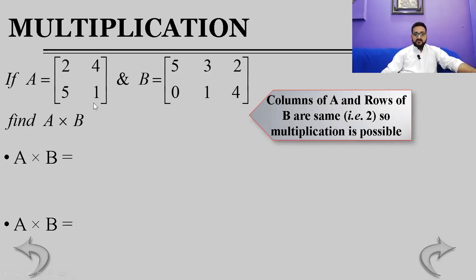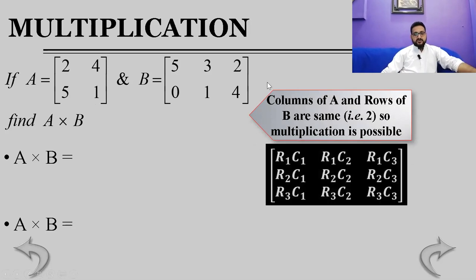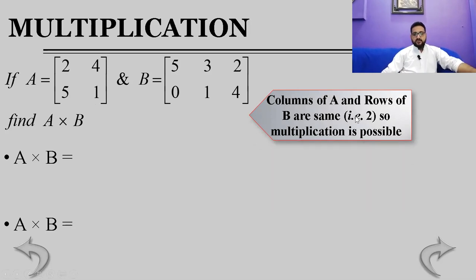There are 2 columns in A, and there are 2 rows in B. That's why multiplication is possible. Okay, clear? Everything is clear from here?